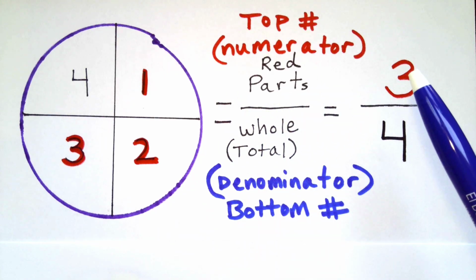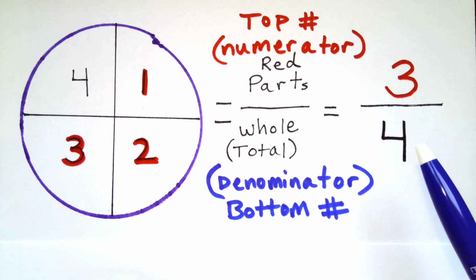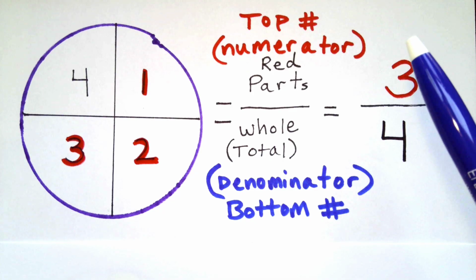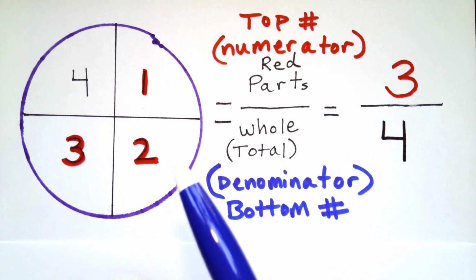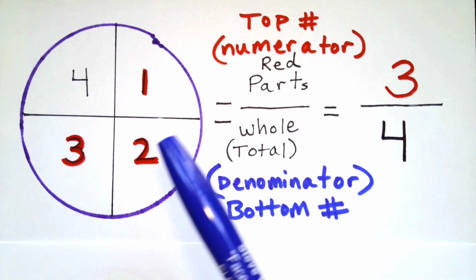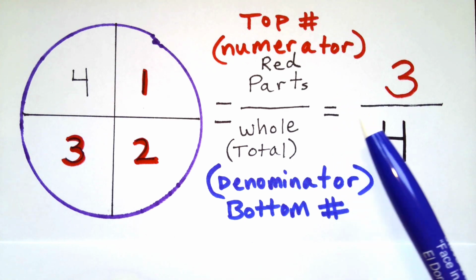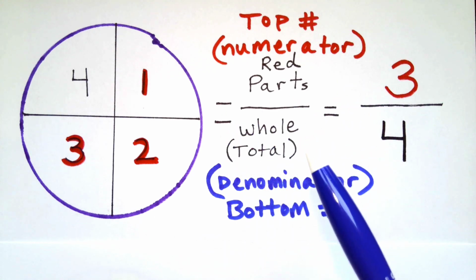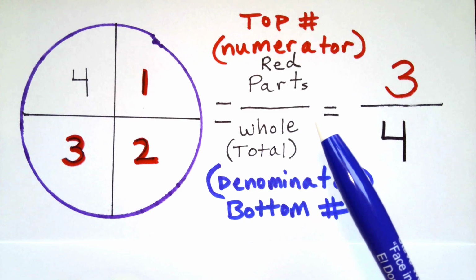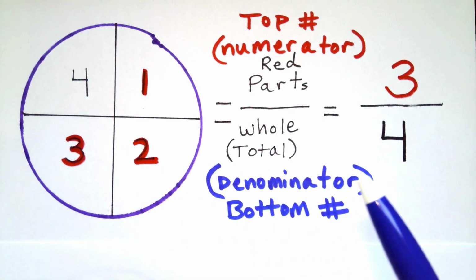So 3 out of a possibility of 4 is going to represent our fraction in relation to this visual. And again, 1, 2, 3 parts in red over the whole possible parts, total, however you like to phrase it, 1, 2, 3, and 4.